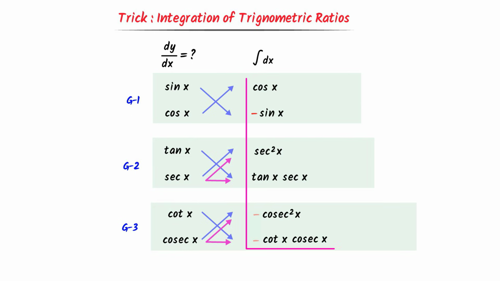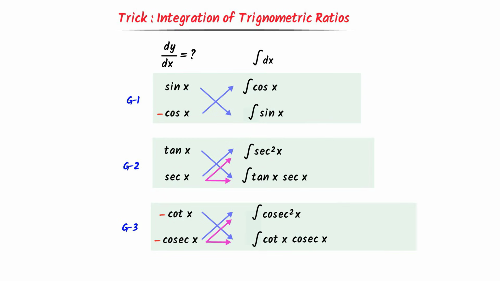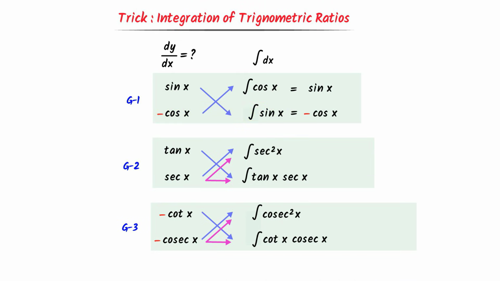Now let me ask you, find the integration of these trigonometric ratios. Well, I shift the minus sign from the right hand side to the left hand side. Now I put the integral. We know that integration is the reverse process of derivation. Hence, the reverse of cos x is sin x. The reverse of sin x is minus cos x. The reverse of secant squared x is tan x. The reverse of tan x secant x is secant x.